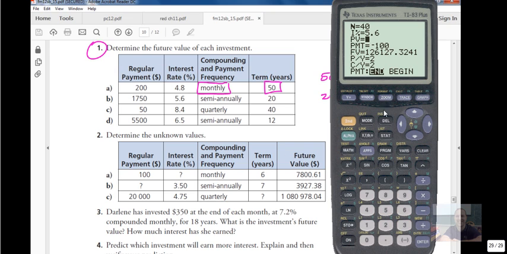Compounding and payment frequency is monthly, so that's a 12 there. And we need to put in a future value for it to calculate what the percentage is. The future value is 780.61. So you fill in everything that you can, and then you go up to the percentage that you want to solve for, and then you do alpha, enter.